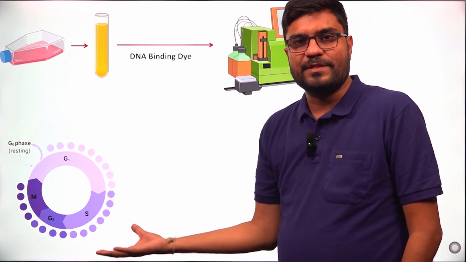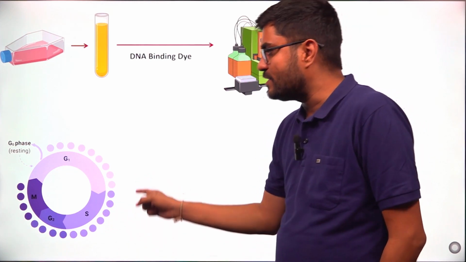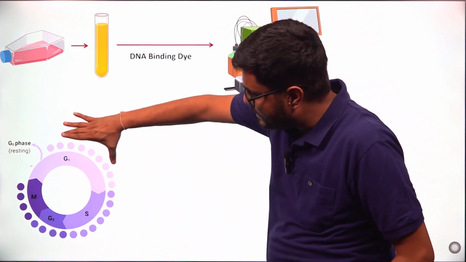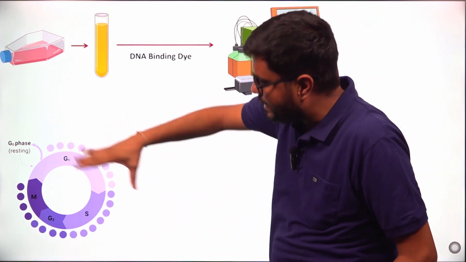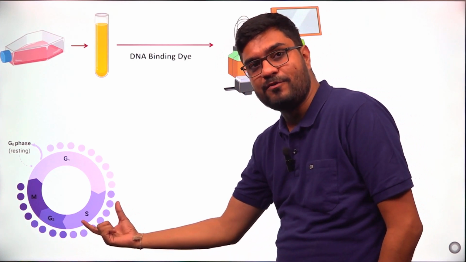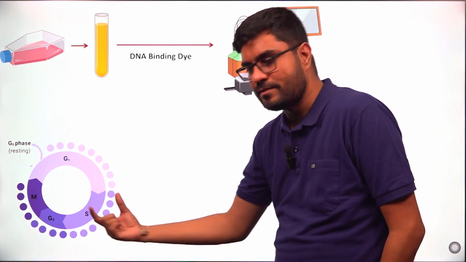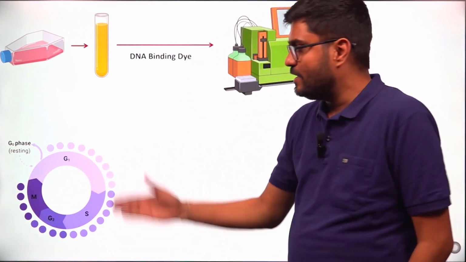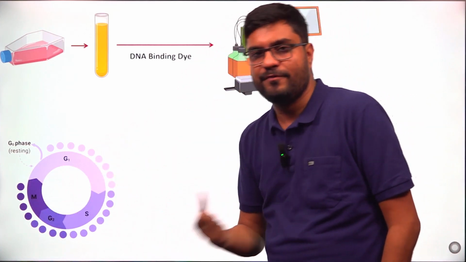Let's say 10 to 20% of cells are in S phase, and some of the cells are in G2M. So I can say that these cells have X amount of DNA, these cells have an amount of DNA between X and 2X, and these cells have 2X amount of DNA.